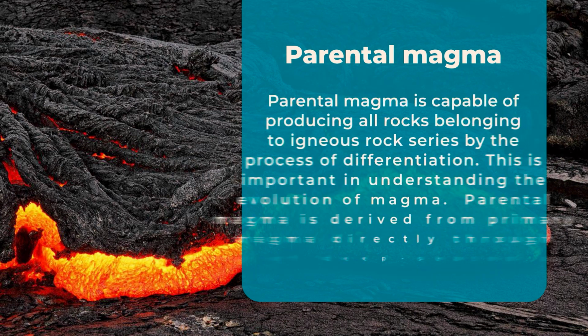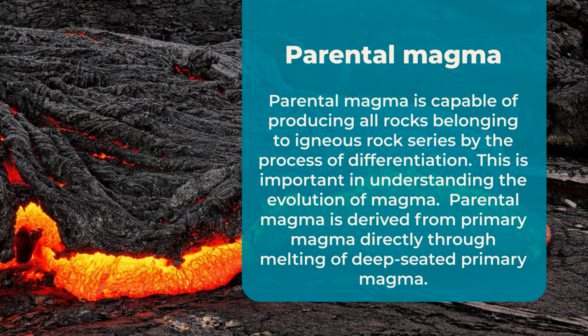Parental magma is capable of producing all types of rocks belonging to an igneous rock series by the process of differentiation, so it is important in understanding the evolution of magma. Parental magma is derived from primary magma directly through melting of deep-seated primary magma.